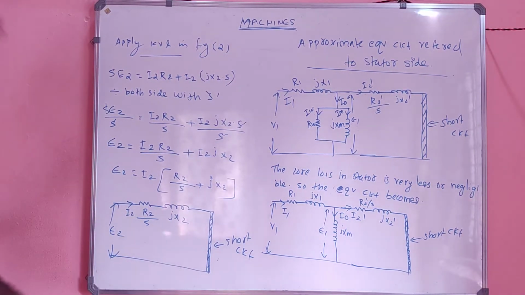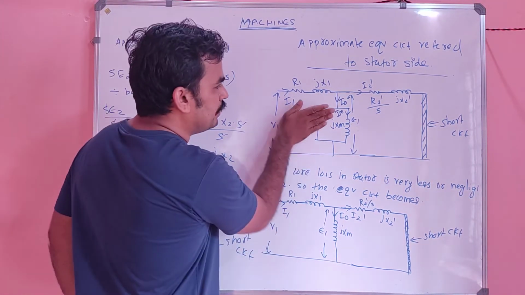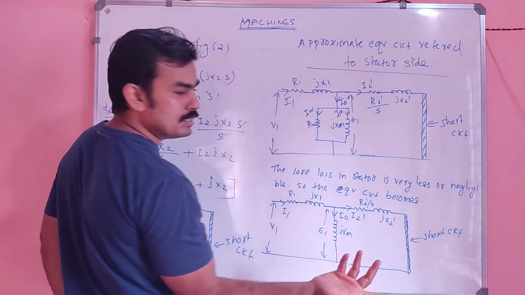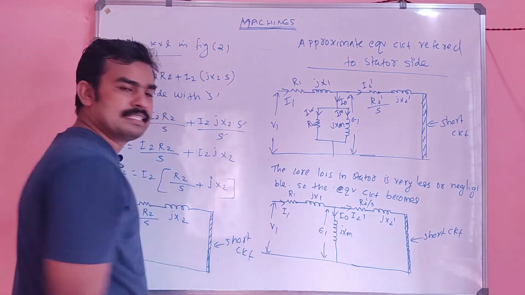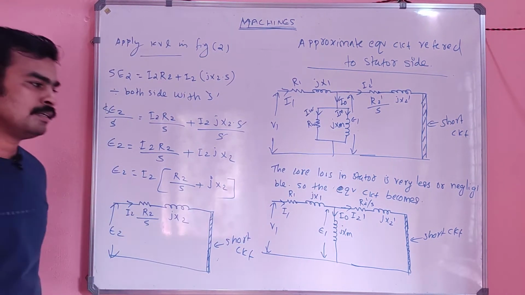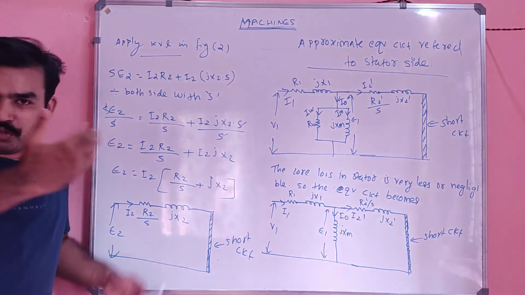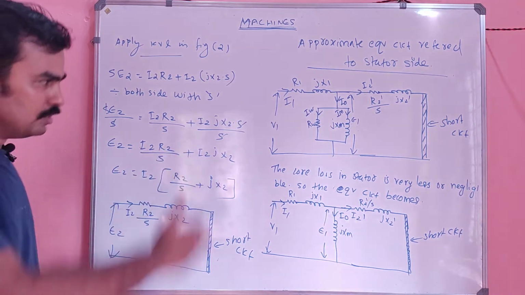This will be the equivalent circuit then. We simply removed this, and the remaining will simply be marked as X0 because there is no IW. The whole I0 will be termed as IM. So it will be the final equivalent circuit of the induction motor referred to what, my dears? Referred to the primary side, or referred to the stator side. Draw it.